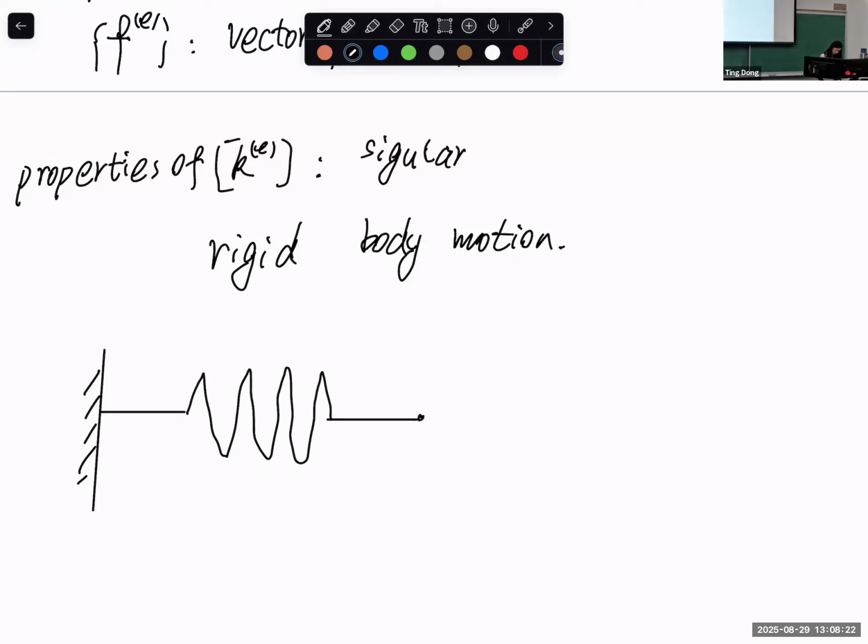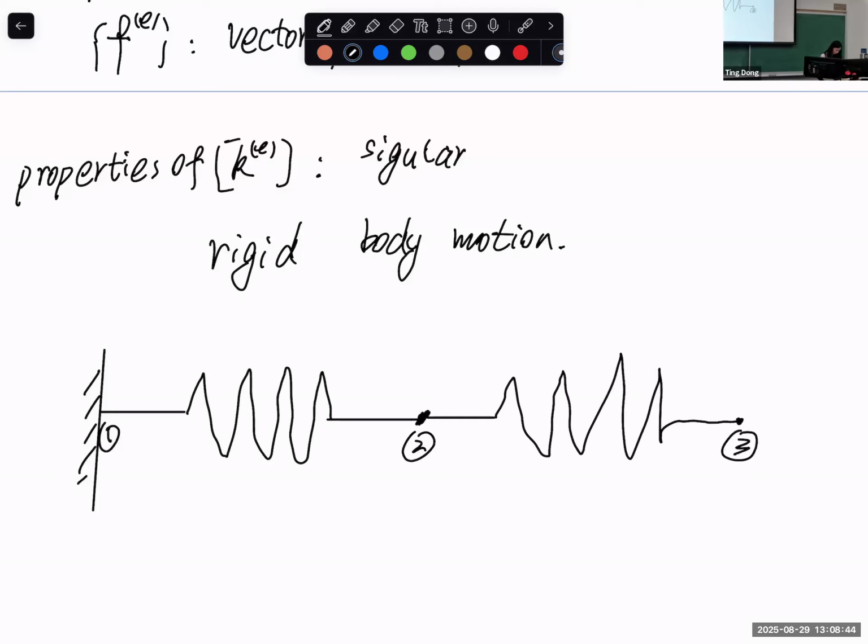This is element 1, and at this node, I connect with another element. So we have node 1, node 2, node 3, and spring element 1 and spring element 2.